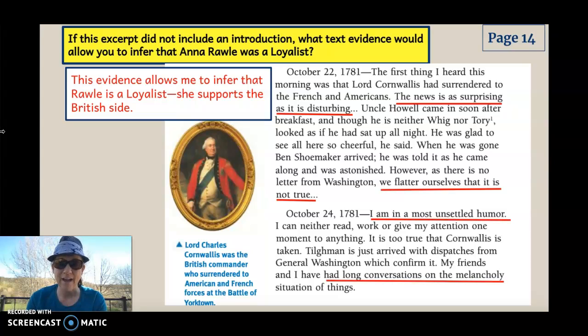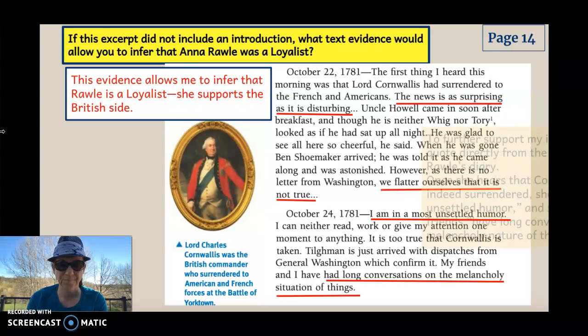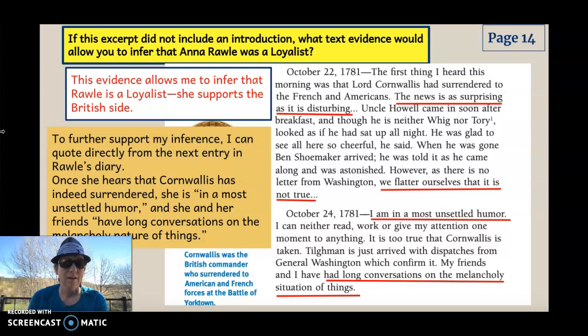I have underlined, "I am in a most unsettled humor, and I had long conversations on the melancholy situation of things." So, to further my inference here, I can quote directly from the next entry in Rall's diary.